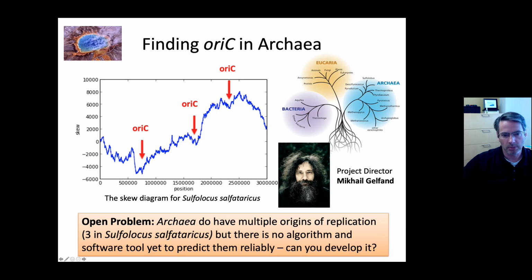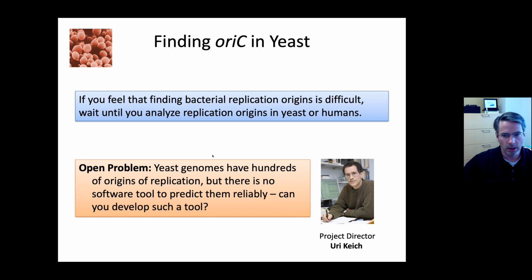And what happens is sometimes they don't match, right? You get a different word for each origin of replication. So lots of interesting issues, I would say, in defining origins of replication that way. And then you get into things that have multiple chromosomes. So yeast, for example, have lots and lots of origins of replication.